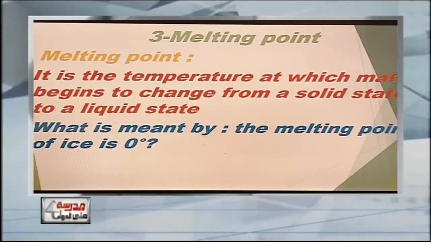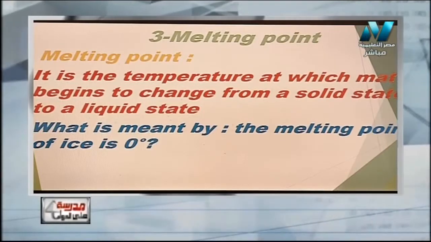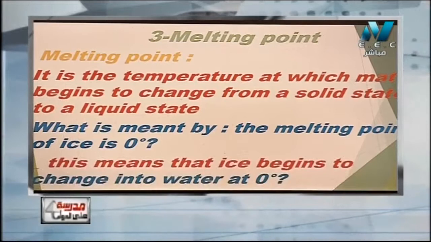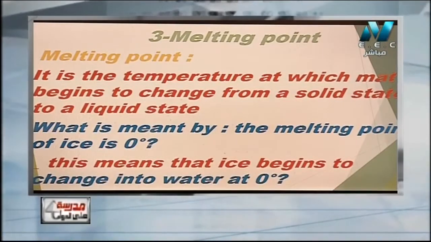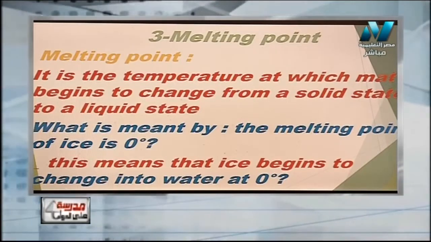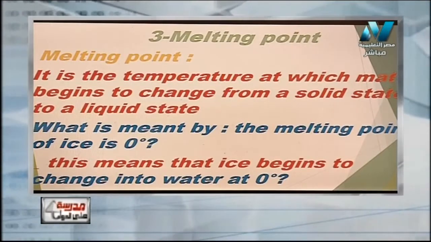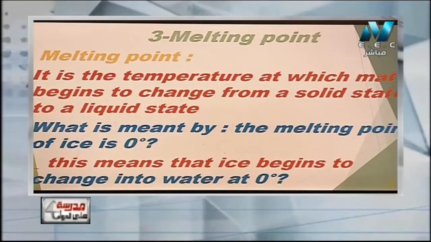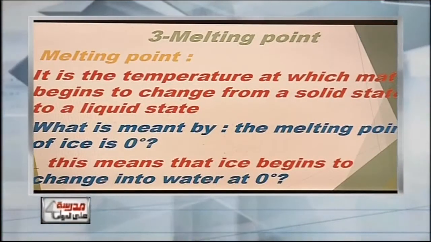What is meant by the melting point of ice is 0 Celsius? It means that ice begins to change into water at 0 degrees. So I have to write the definition and write down the temperature. Okay.